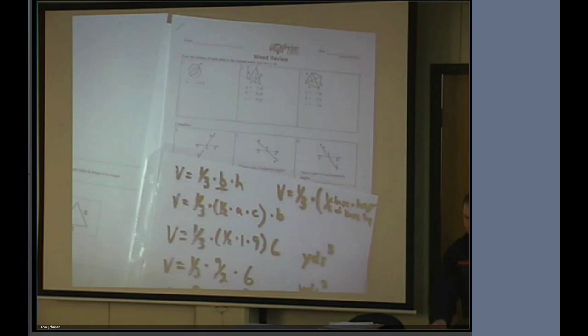Okay, tell you what, let's have you guys set up the next one on your own. So set up number 3. What is that shape? That is a triangular pyramid. What's the base?